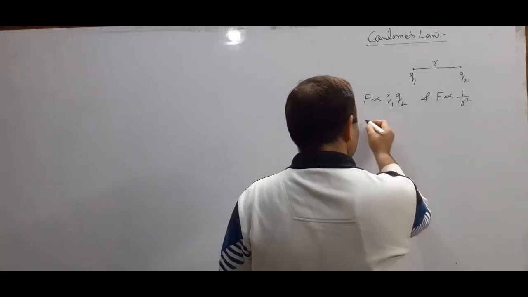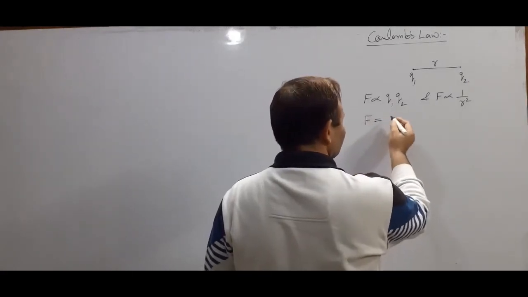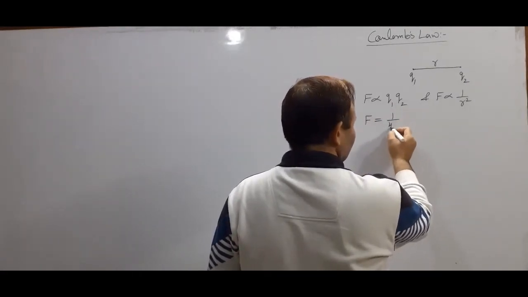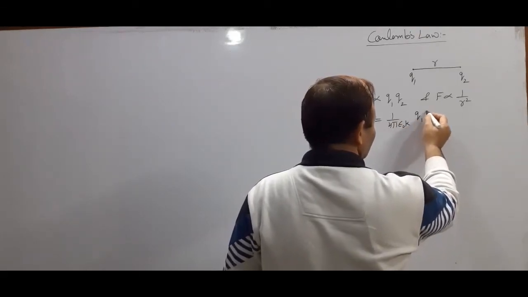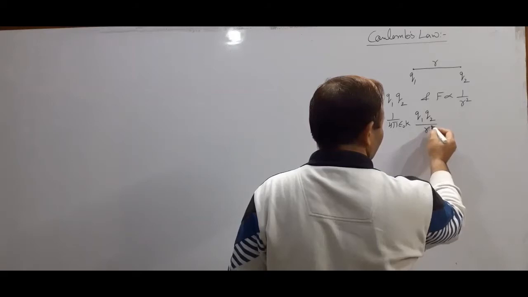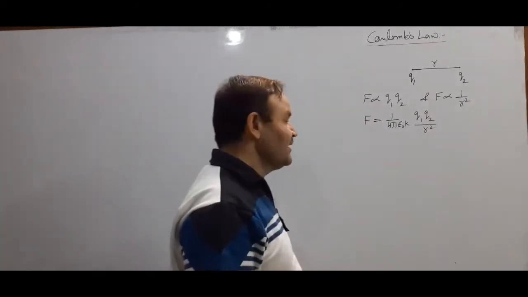If we combine these two things, then F is equal to 1 over 4 pi epsilon naught K, Q1 Q2 upon r square.